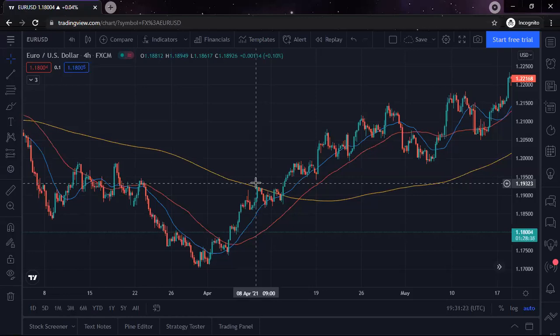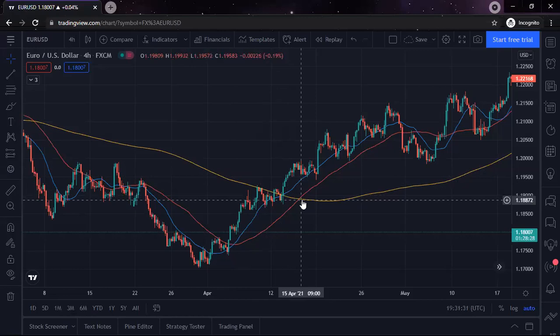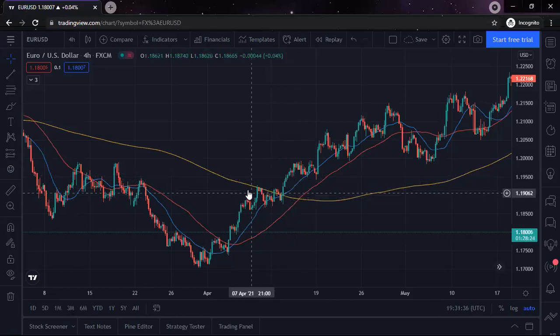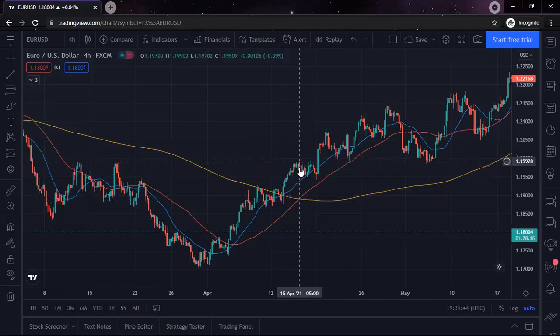Do you get it? When price started closing above it, the 20 moving average also crossed the 200, but it took a while before the 50 period moving average crossed. I think the 50 crossed over here.